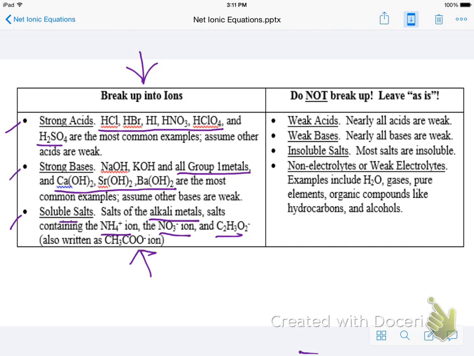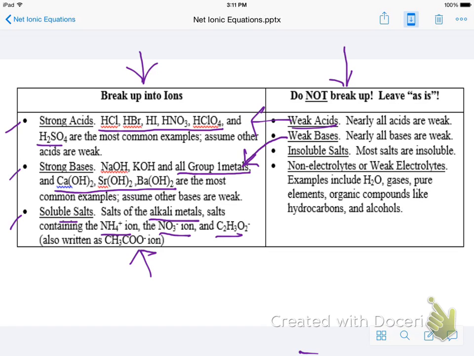Everything else does not break up; we leave it as a full compound. So if we have an acid and it's not on this list, we're going to consider it weak and not make it into ions. If we have a base and it's not on this list, it's going to be weak.